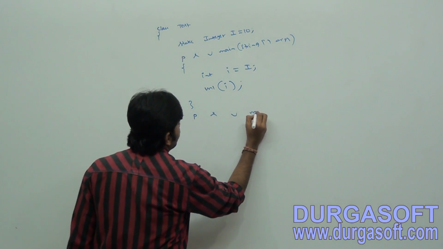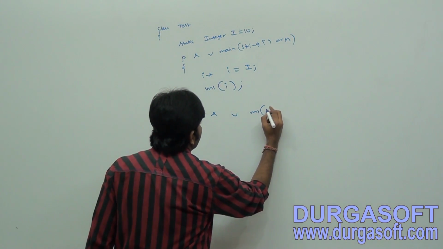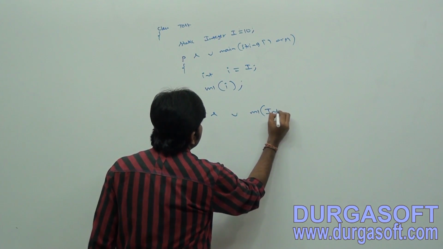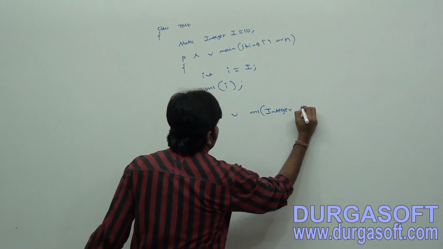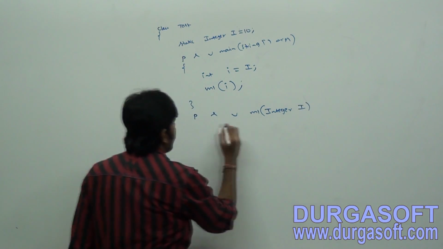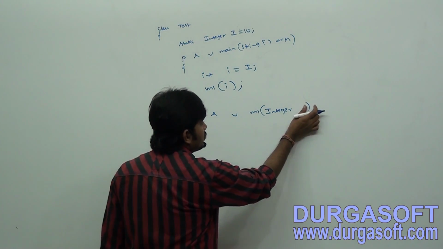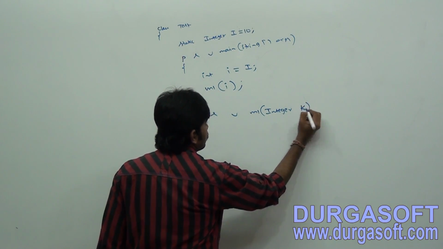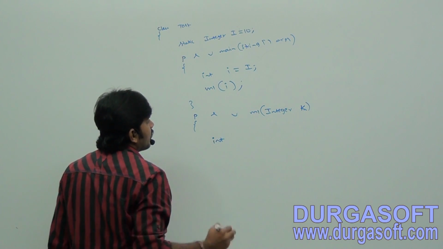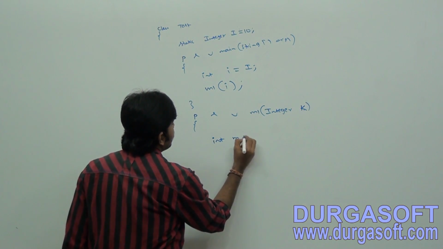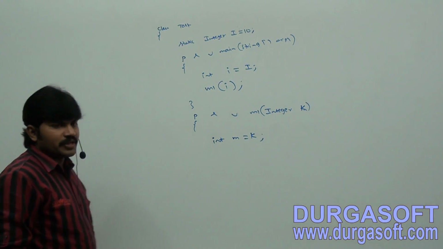Public static void m1, here I am taking Integer k. Int m is equal to k.